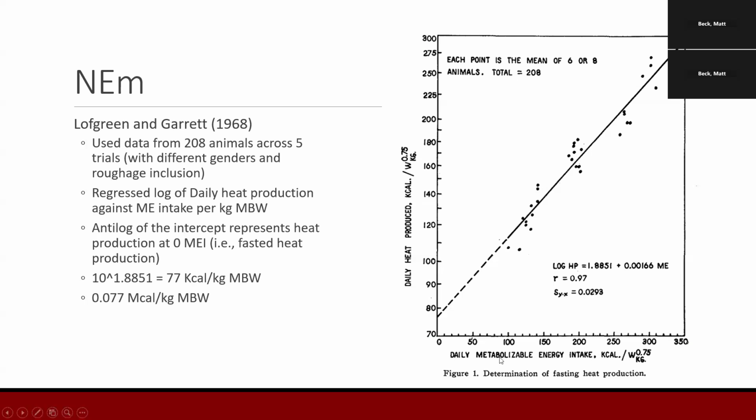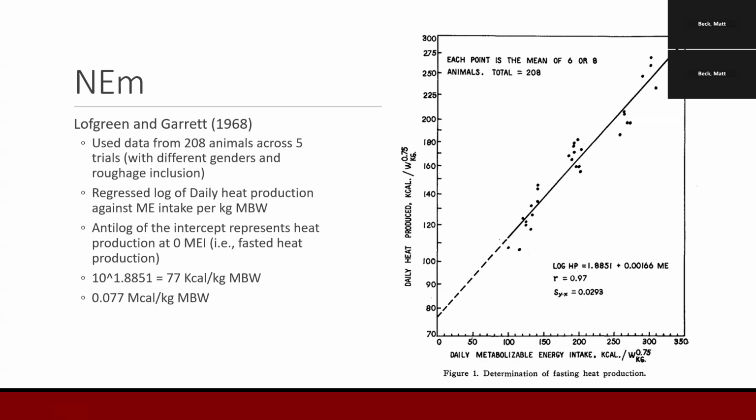They measured heat production and daily metabolizable energy and regressed them against each other, heat production on the Y and metabolizable energy on the X, and solved for the intercept. That intercept is heat production at 0 intake, or fasting heat production, the amount of heat produced by an animal when it's not eating.